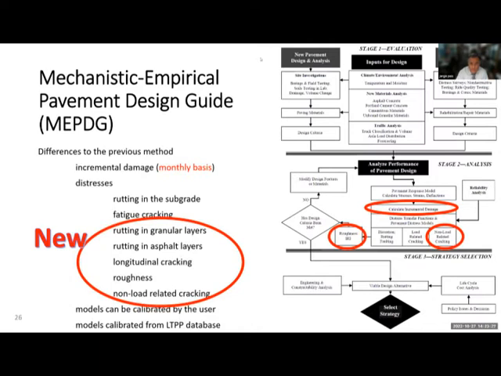But at this moment we have the Mechanistic-Empirical Pavement Design Guide, called MEPDG, which is a step forward in pavement design, because in terms of distresses, it considers not only the rutting due to the subgrade and fatigue cracking, but the method has more distresses, mainly the rutting in the granular layer, the rutting in the asphalt layer, longitudinal cracking, roughness, and non-related cracking.